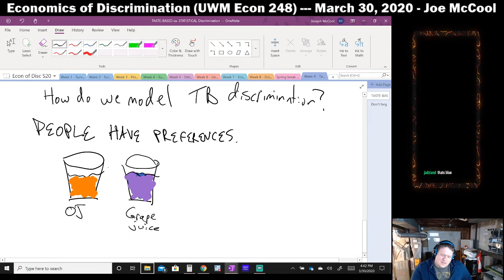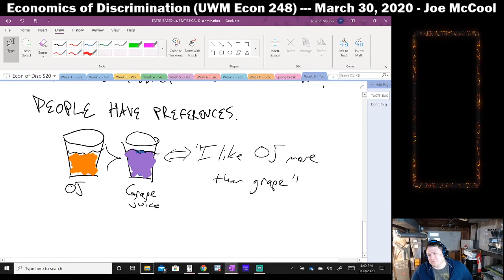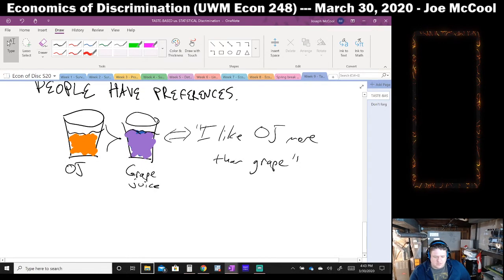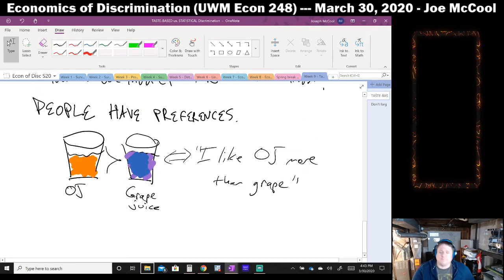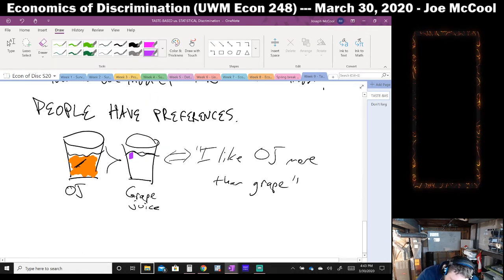So the way that we'll do this is I would prefer the orange juice. So I'll put this little preference signal between here. This means I like OJ more than grape. And for simplicity's sake, we'll keep strength of preference as something that is. Here, we'll do nice purple highlighter.